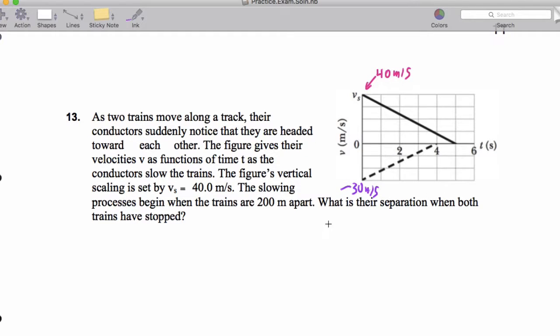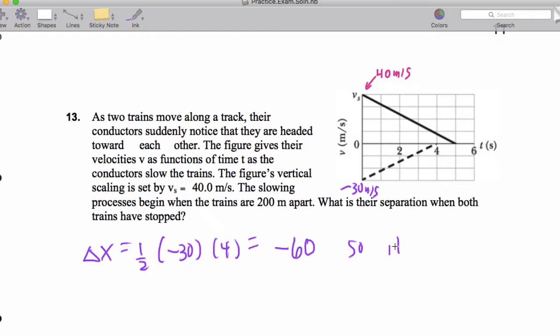So the grape train, its displacement is going to be 1/2 times negative 30 times 4. So it moves negative 60.